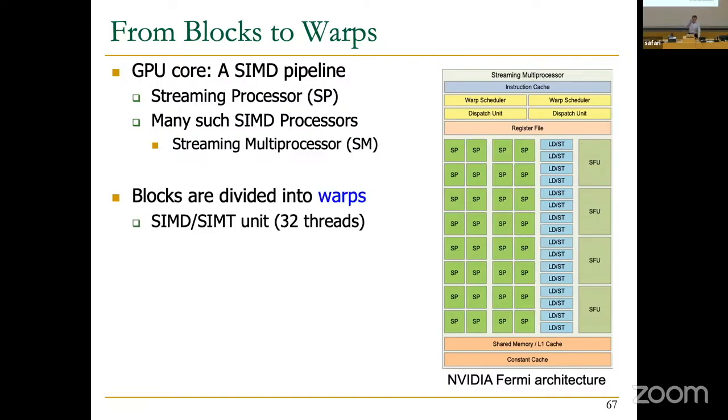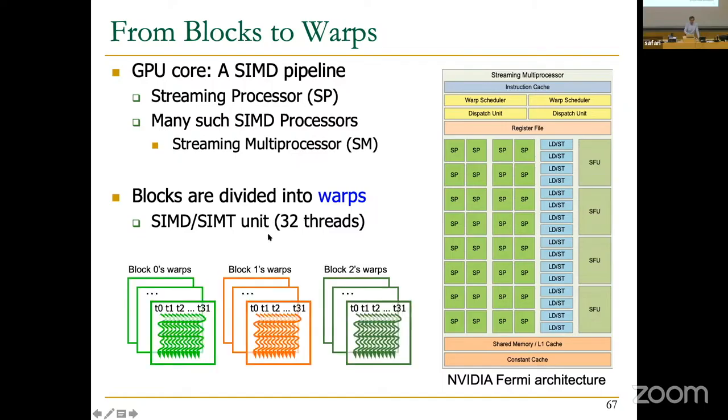But basically, when the programmer specifies the blocks, these blocks are divided into warps and sent to SIMD units. So the width of each SIMD unit specifies the warps. You may actually have 32 threads in a warp, for example. And then you may have different blocks specified by the programmer. These are blocks of code that do essentially the same thing using different threads.